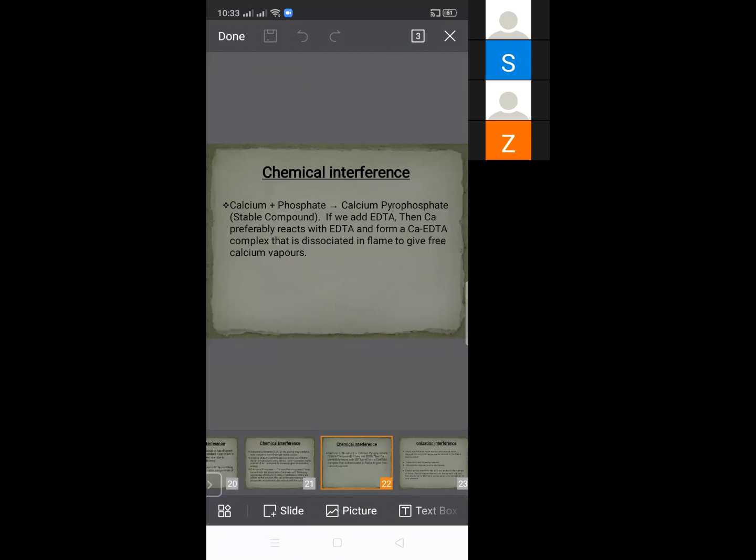So when we add EDTA, the calcium reacts with the EDTA and forms a calcium EDTA complex that is a weak complex and can be dissociated easily, and the chemical interference is avoided.